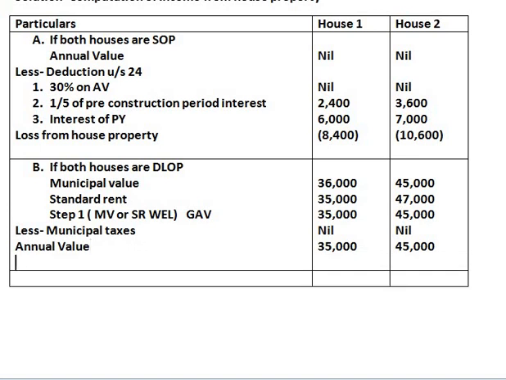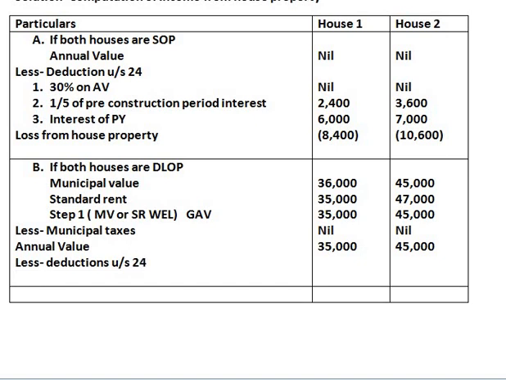From the annual value, now we have to make the deductions. Deductions under section 24. Which is the first deduction? 30% standard deduction on annual value.